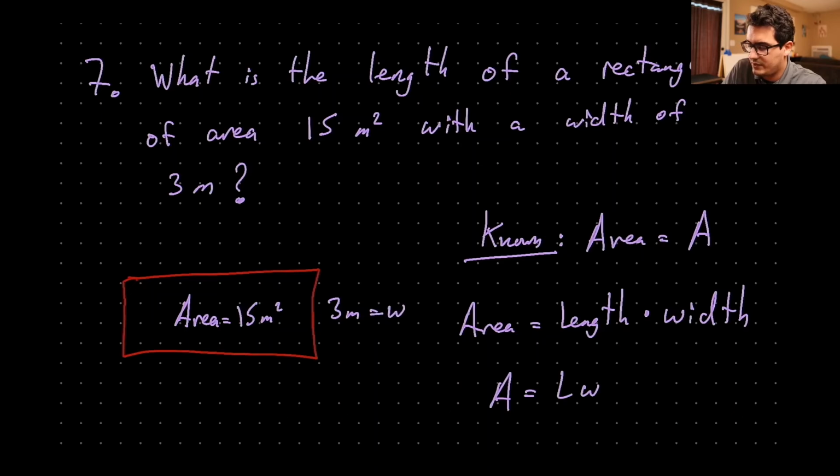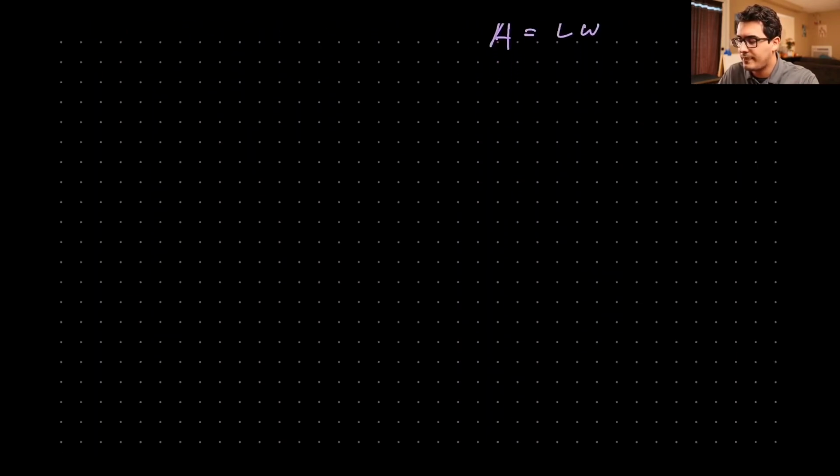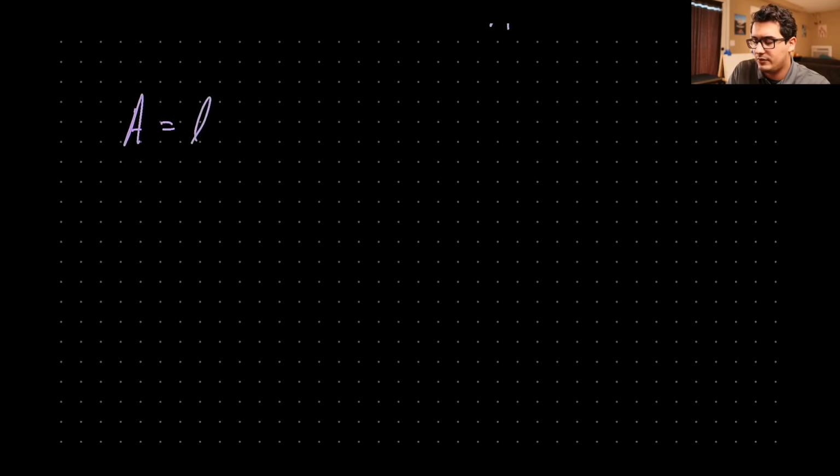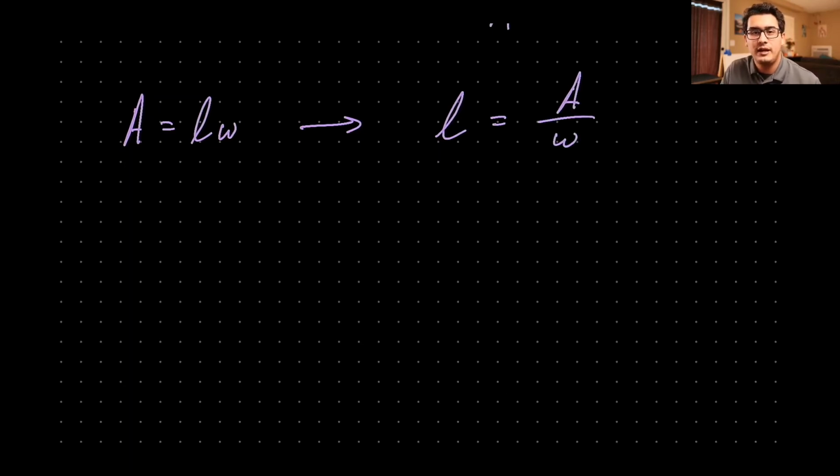So here this is W, and here's L, and we don't know it. Okay, so let's keep working. So if A equals length times width, then that means that the length is going to be the area divided by the width. So this might all be pretty new to you. It's okay if you're kind of struggling at this point, but let's get into the fraction side of it.